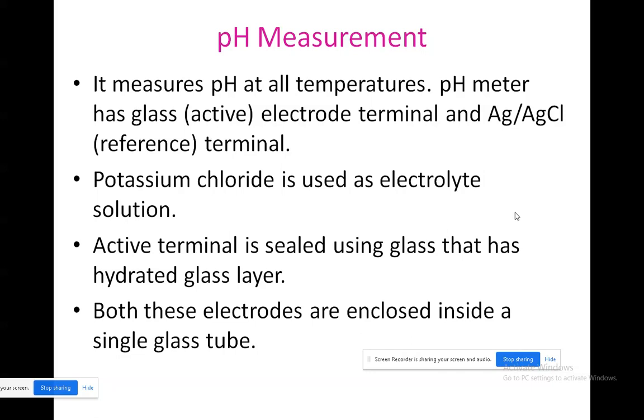So your active electrode is fully sealed with glass having the hydrated glass layer. Hydrated glass layer means it will permit only the hydrogen ion concentration alone. Both these electrodes are enclosed inside a single glass tube.